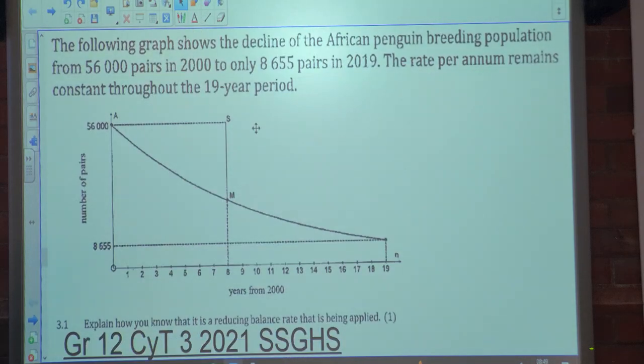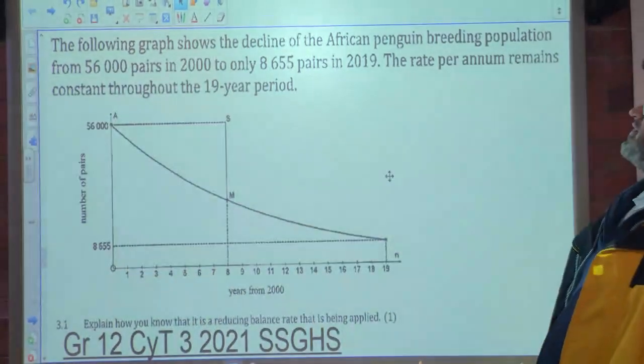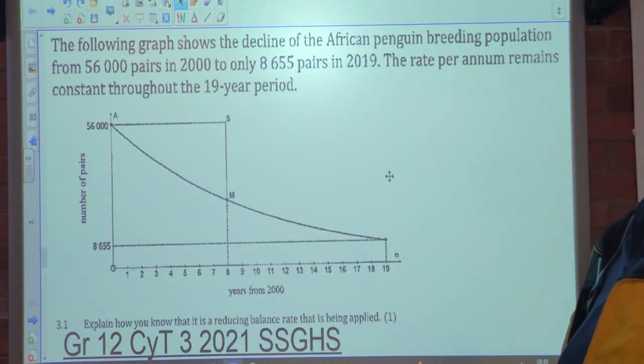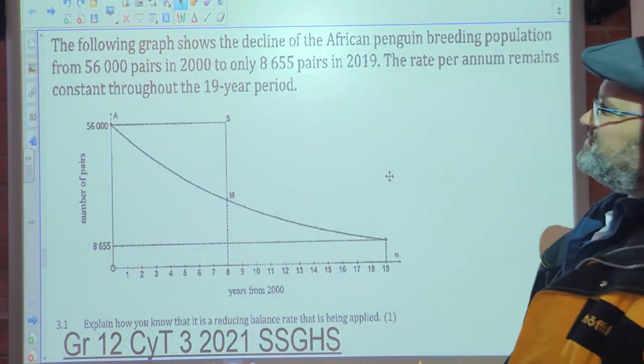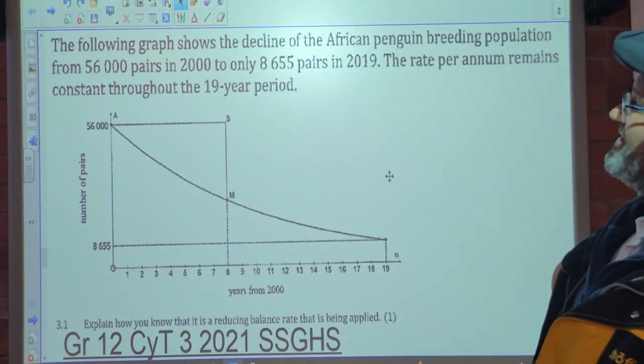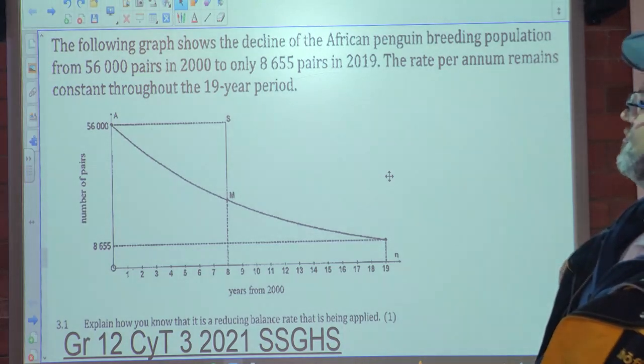Question 3. The following graph shows the decline, which means the fall or the drop, of the African penguin breeding population from 56,000 pairs in 2000 to only 8,655 pairs in 2019.